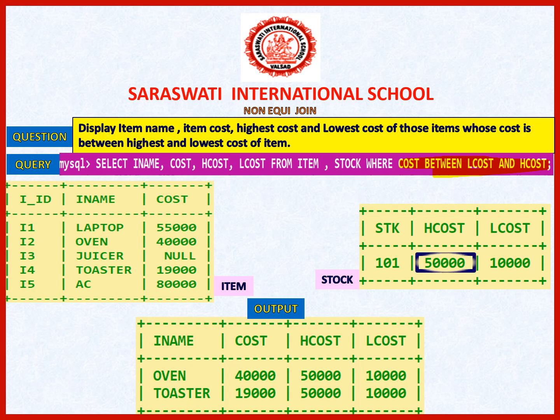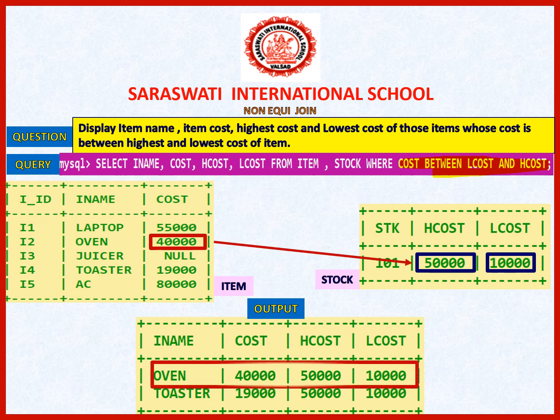Here the highest cost is 50,000 and the lowest cost is 10,000. In the item table, see here is cost 40,000, which is between H cost and L cost. So these two records will be joined according to the condition and in the output this record will be generated.